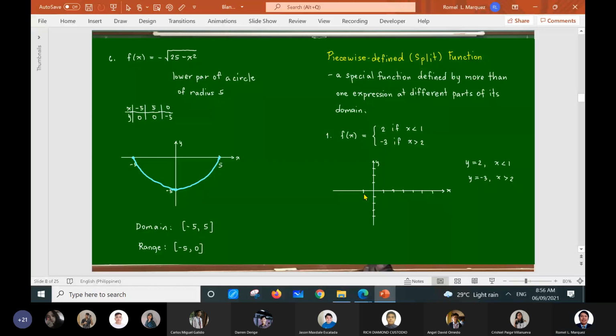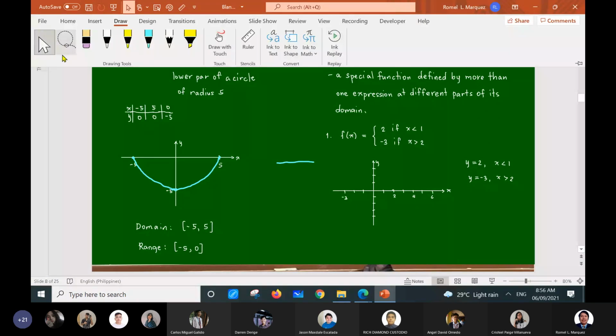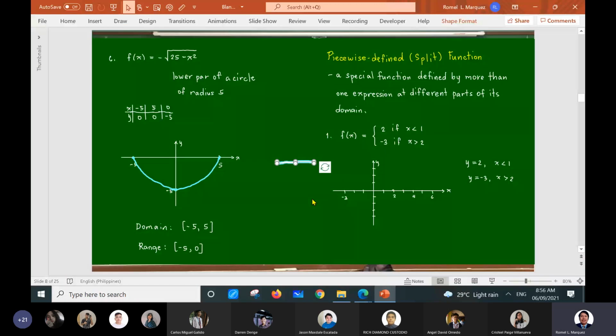Okay. So we draw a horizontal line passing through y equals 2. Let's have a blue. Let's make this a straight line. Sometimes the software or the Microsoft finds it difficult to draw the graph.